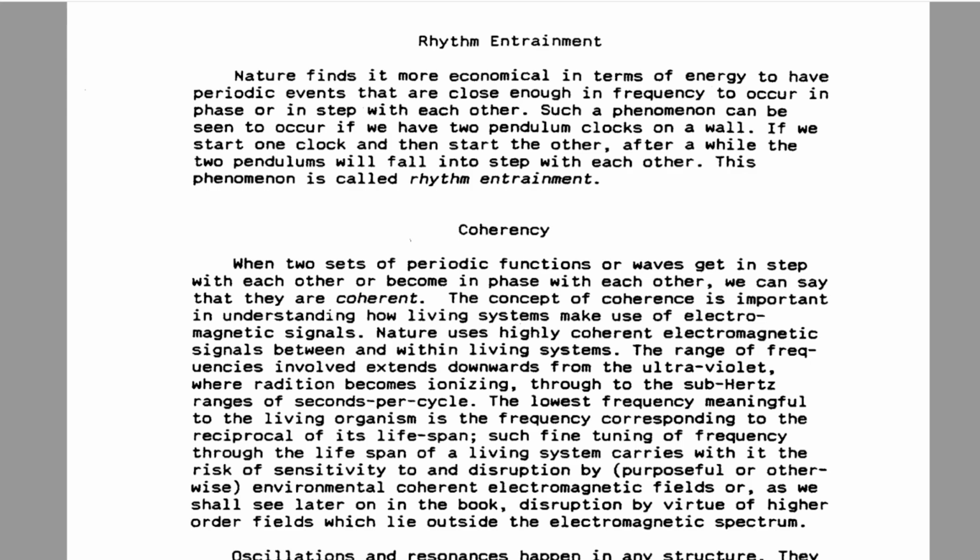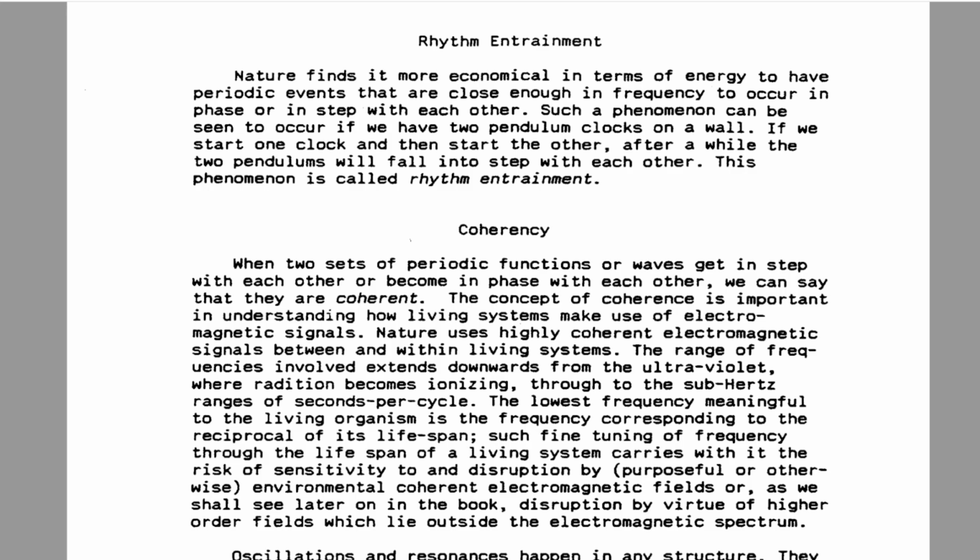The range of frequencies involved extends downward from the ultraviolet where radiation becomes ionizing. Maybe that might be a typo. Through the sub-hertz ranges of seconds per cycle, the lowest frequency meaningful to the living system is the frequency corresponding to the reciprocal of its lifespan.